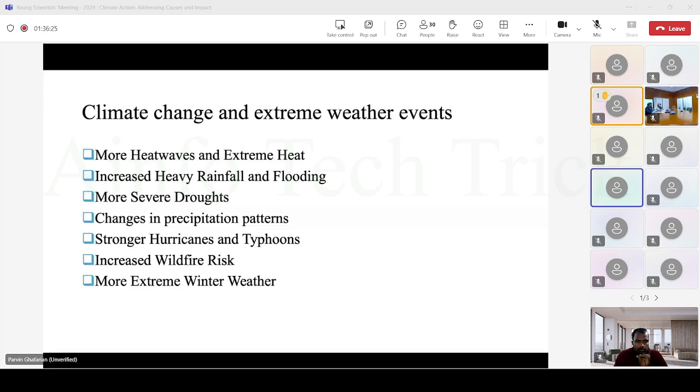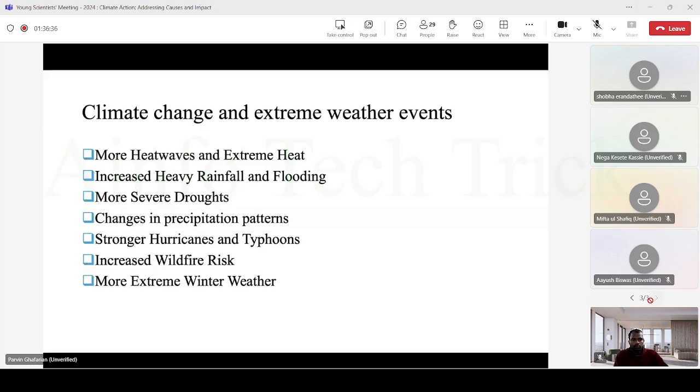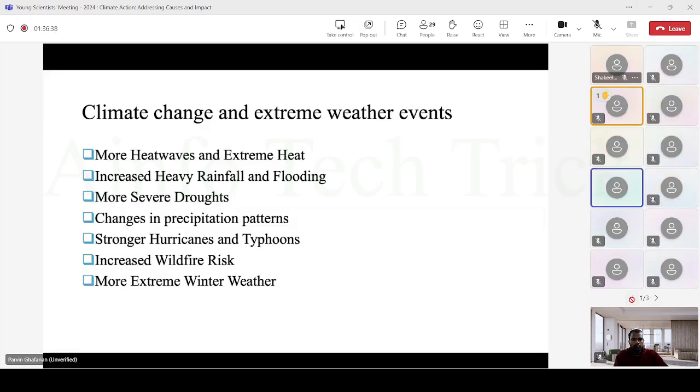Increased wildfire risk: climate change creates ideal conditions for wildfire by increasing temperatures and drying out vegetation. And also more extreme winter weather: a warming Arctic can disrupt the polar vortex, leading to more extreme cold spells and winter storms in some regions.